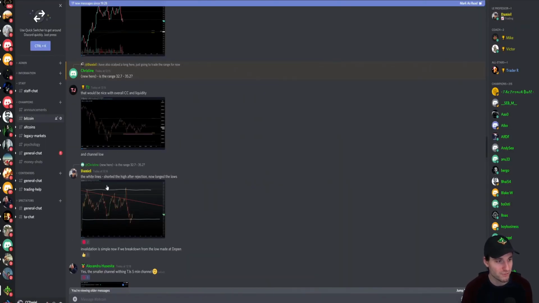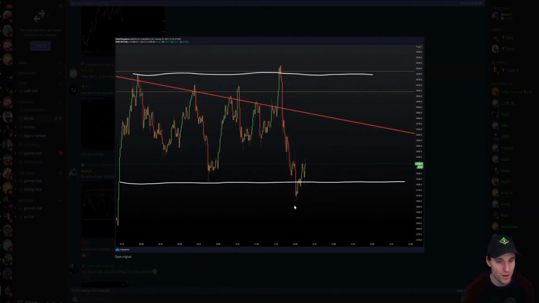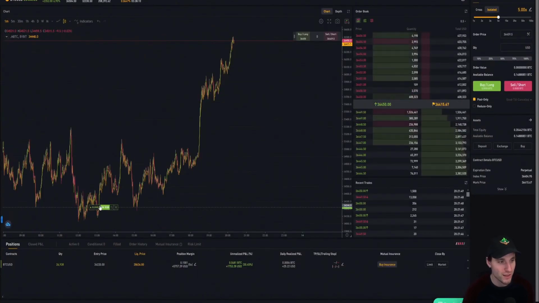It was really simply, I scalped long from the low of the range, and it was very nice because I had a very nice invalidation. What I'm telling everybody is the stop loss for me is really simply below that low that was made at 12 p.m. That was the invalidation. Really simply, if it goes below that low at 12 p.m., I was going to close that long.